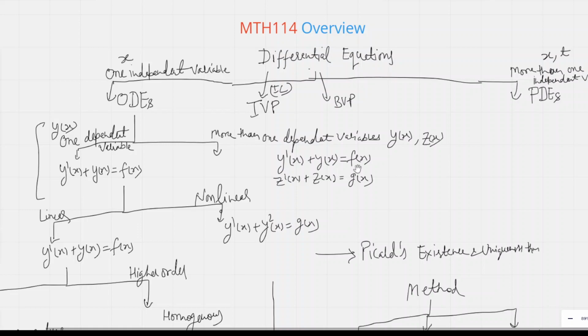Okay, let's discuss the overview of the MTH movement 4. So we have a differential equation. If we have a differential equation, that means we have a relation between the dependent variable and their derivatives.